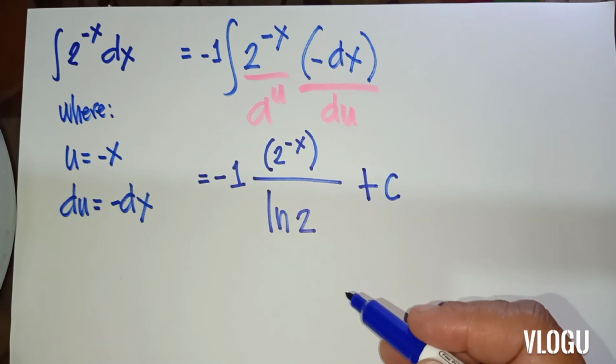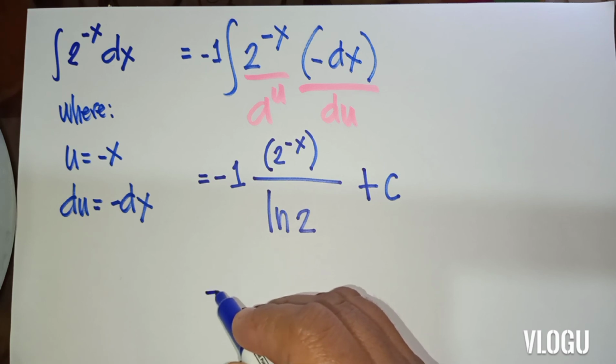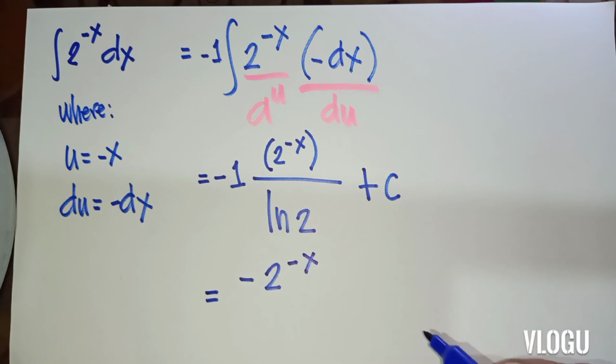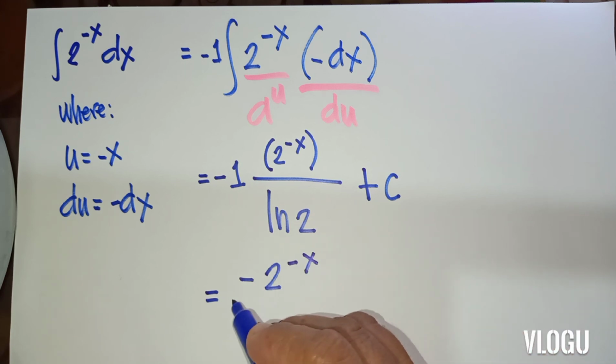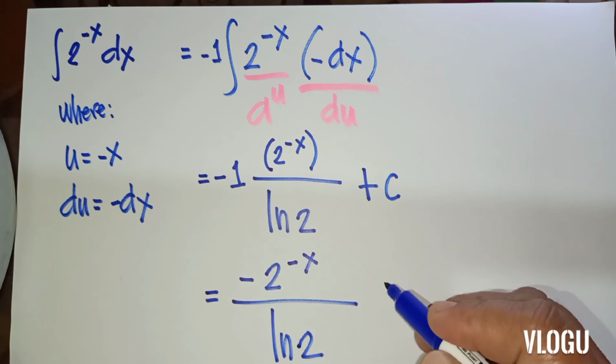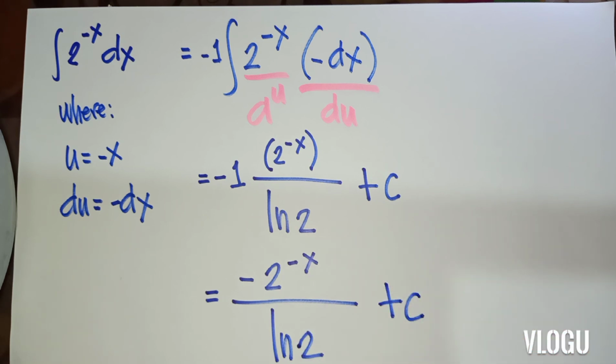Therefore our answer will be negative 2 raised to negative x over ln of 2 plus c. So that is now our final answer.